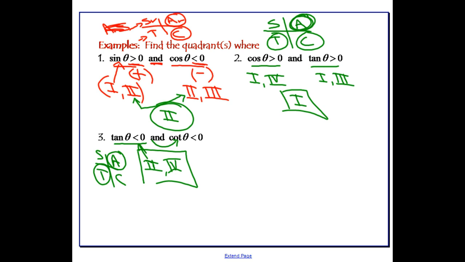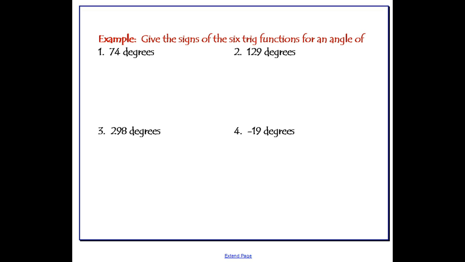All right, so we can sneak in one more page here. It's the same thing. Really, we'll just think through this a little bit. Give the signs, the plus or minus signs, of the 6 trig functions. So let's think about this. Our coordinate system, here would be 0 degrees. Up here is 90. Over here is 180. Here's 270. If you made a complete revolution, then we know 0 and 360 are the same thing.